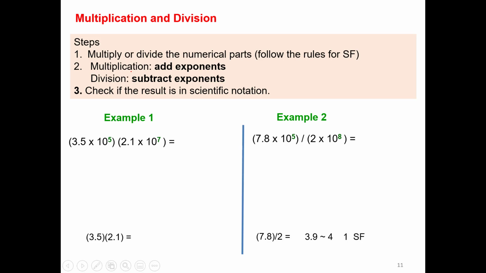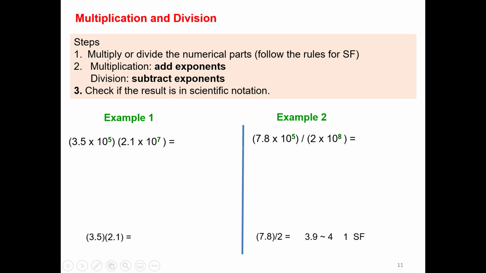In multiplication, we add the exponents if we multiply powers with the same base, like in this case we had 10 and 10 here. And in division, we need to subtract the exponents.